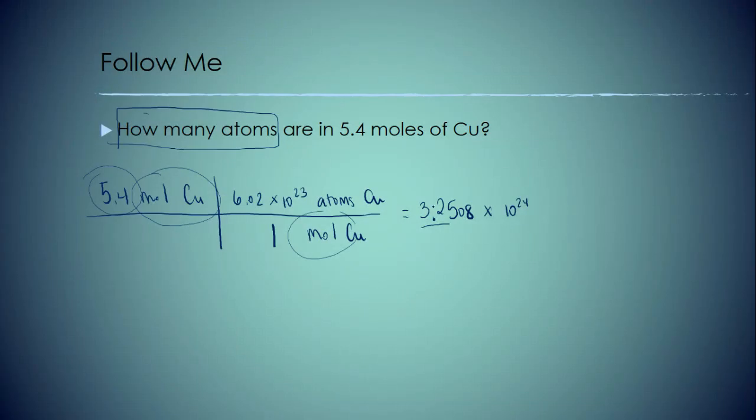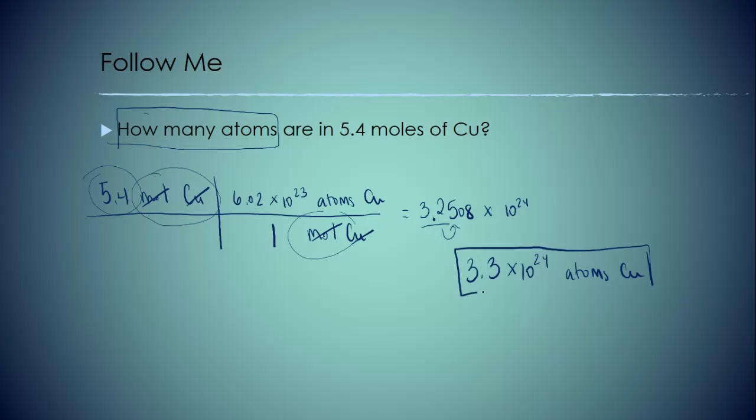That means I get to keep the 3 and the 2. What's next to the 2 is a 5, so it's going to round it up. 3.3 times 10 to the 24th. Now these canceled, so I'm left with atoms of copper, and I'll put that on my answer. So my answer to this problem is 3.3 times 10 to the 24th atoms of copper.